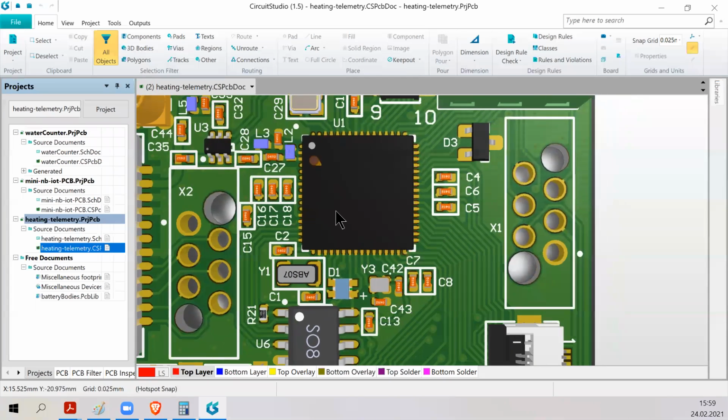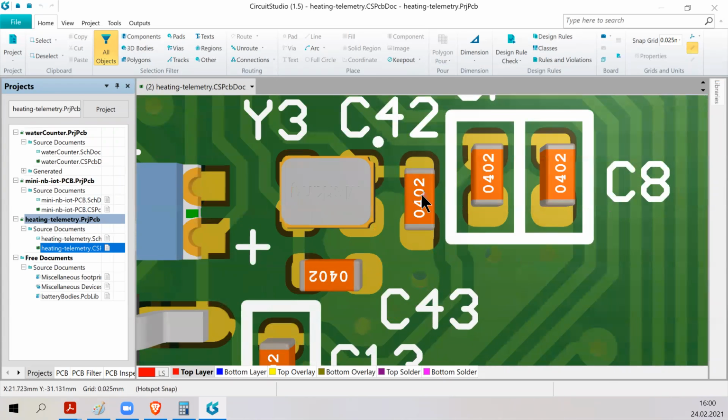So here is a microcontroller, and here are two external oscillators. Y3 is the high frequency oscillator, and it has these two capacitors here, the load capacitors.